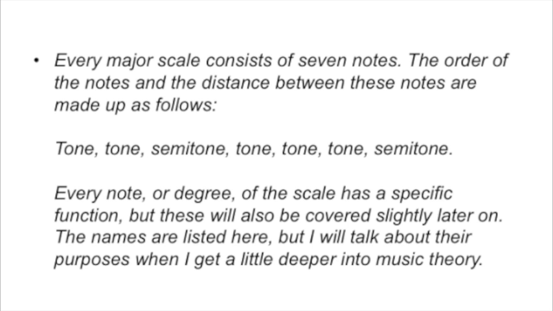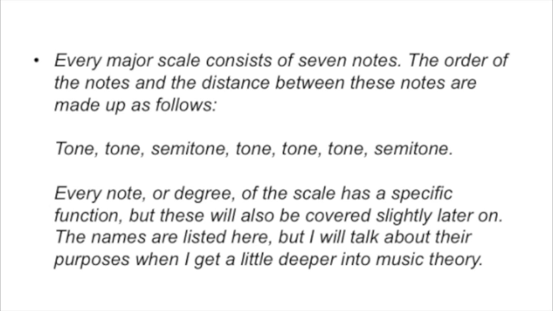Now, every major scale consists of 7 notes, and the order of the notes and the distance between these notes are made up as follows: tone, tone, semitone, tone, tone, tone, semitone. Now, every note or degree of the scale has a specific function, but these will also be covered slightly later on.